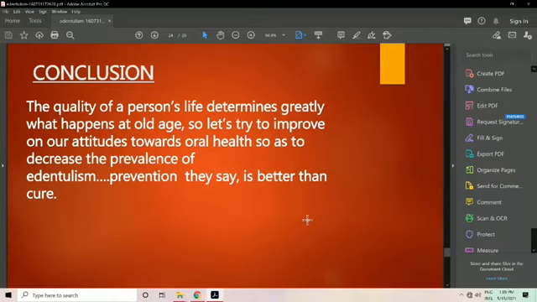Completely edentulous patients are those where the complete set of teeth, that is maxillary and mandibular teeth, all the teeth are missing. According to that, different causes can be given in a particular patient, and different treatment options can be given in particular patients. So we will complete with today's presentation. Thank you.